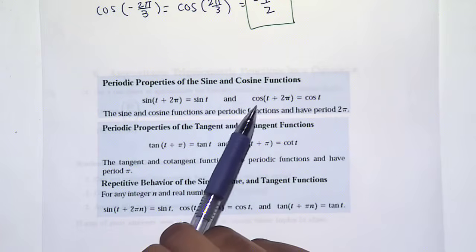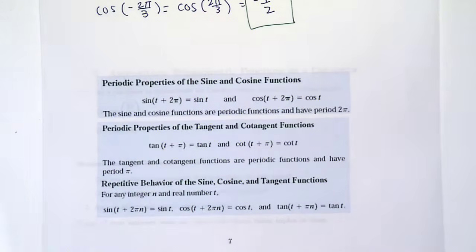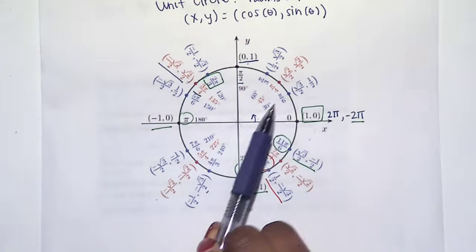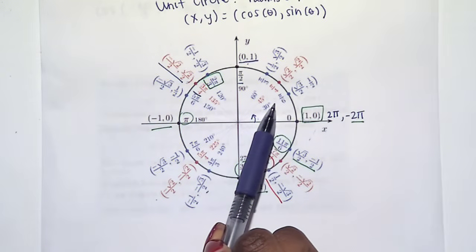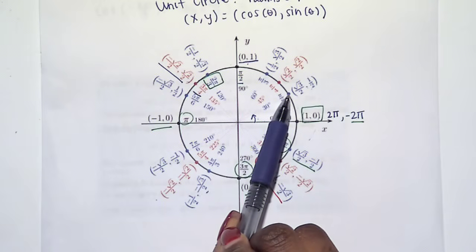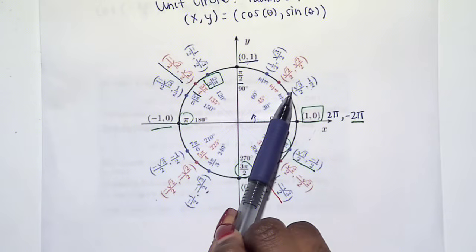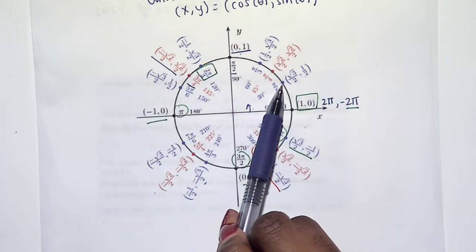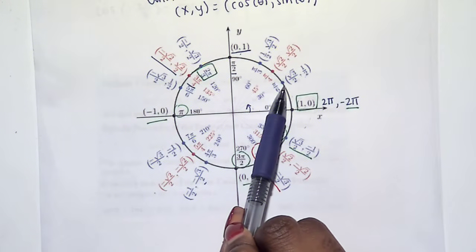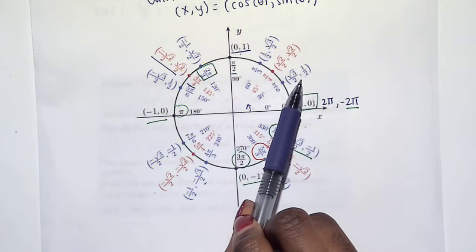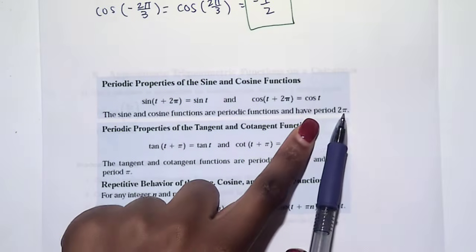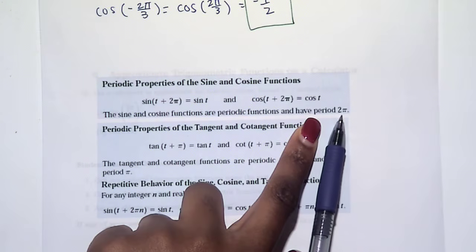Same for cosine. We can see this being true using our unit circle. Sine of pi over 6 is 1/2. If I add 2 pi, I get right back here again, so sine of 2 pi plus pi over 6 is also 1/2. The period of sine and cosine is 2 pi.